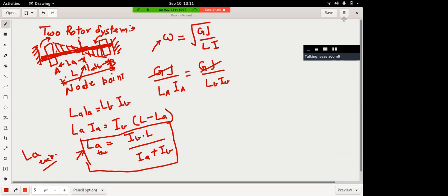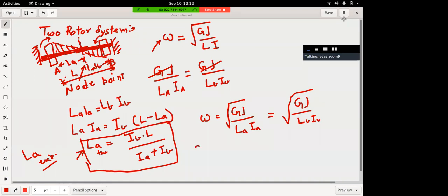The other verification you will do is of the time period of a shaft which is subjected to two rotors. So we have derived earlier that omega is equal to under root GJ by LI, for LAIA for disk A, and for disk B we can write LBIB, and omega is nothing but 2 pi n, where n is the natural frequency.